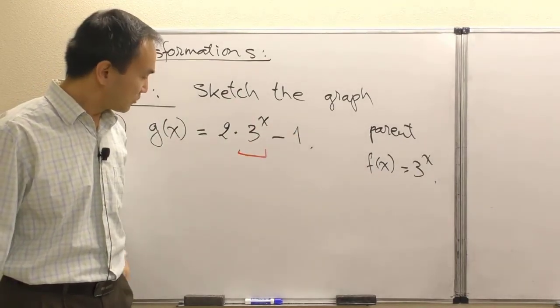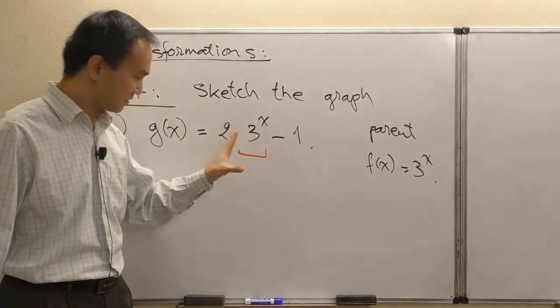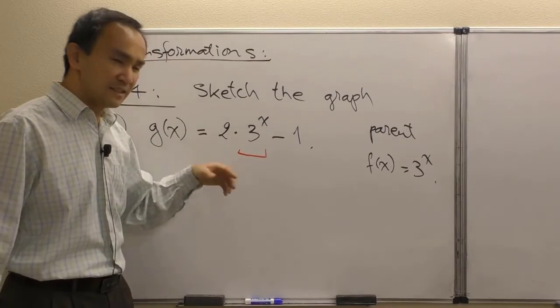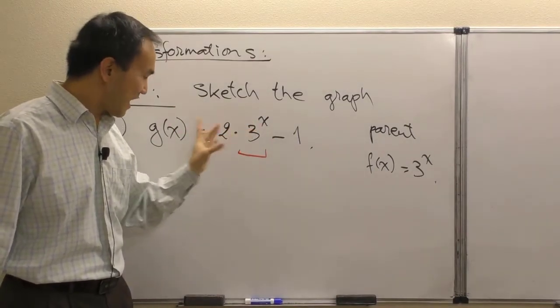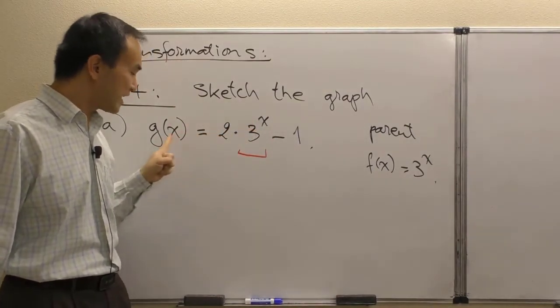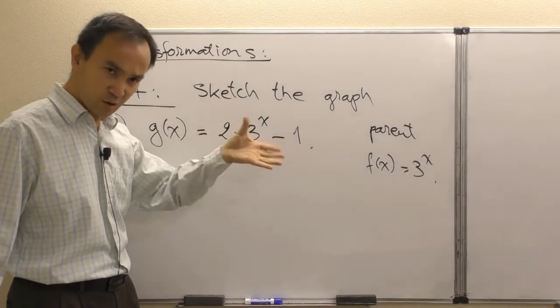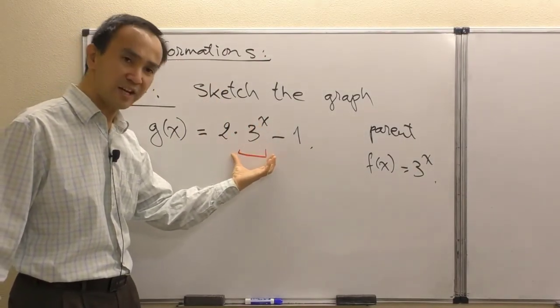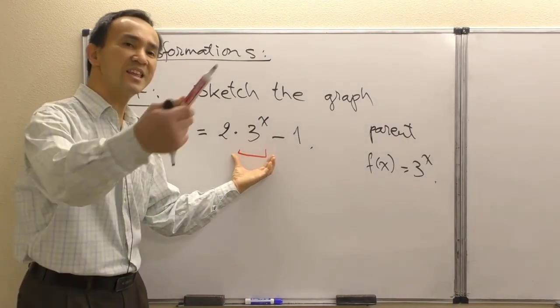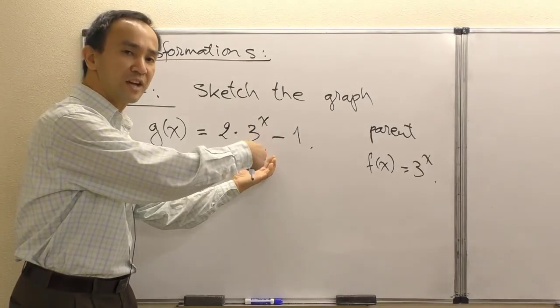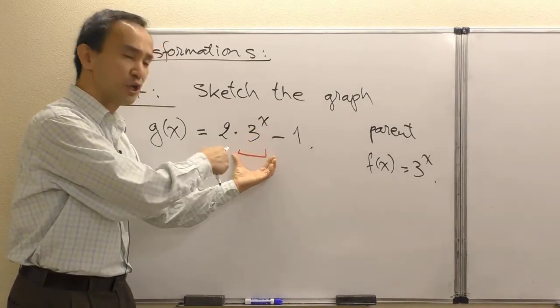Once I isolate it out, here's what we further recognize in terms of the operations. The order of operations says if we're having a function like this, then for any input x, we have to raise 3 to the x first. According to the order of operations, we have to handle 3 to the x first. And then, once we have it done, we can multiply the outcome from 3 to the x with 2.